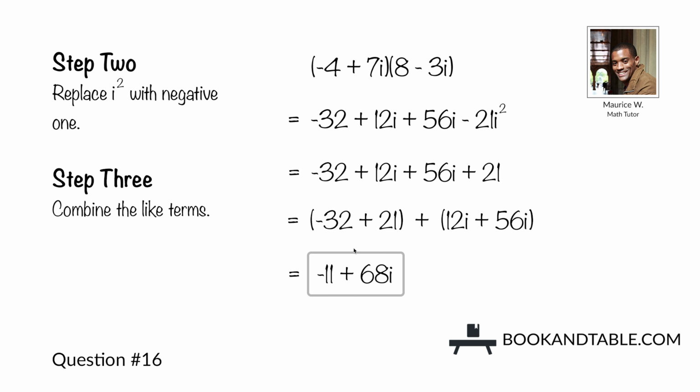So the product of negative 4 plus 7i times 8 minus 3i is equal to negative 11 plus 68i. So that is the answer to question number 16.